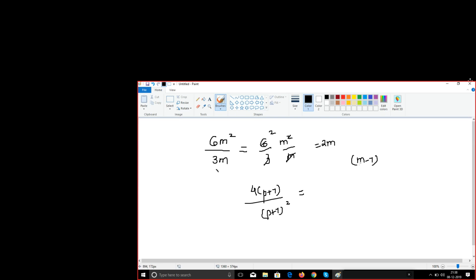The next is m minus 7 multiplied by m plus 3 divided by 6 times m plus 3.